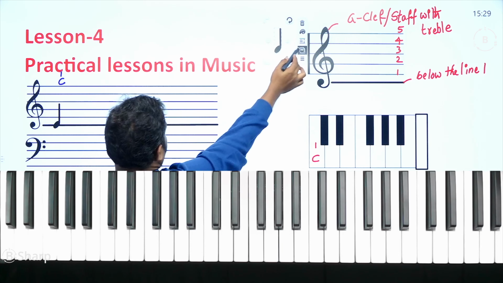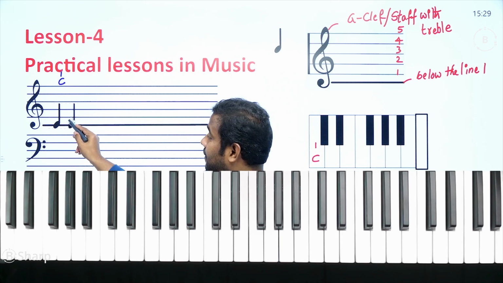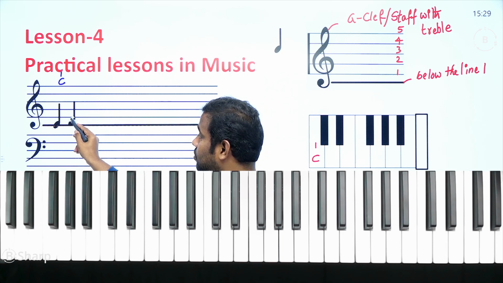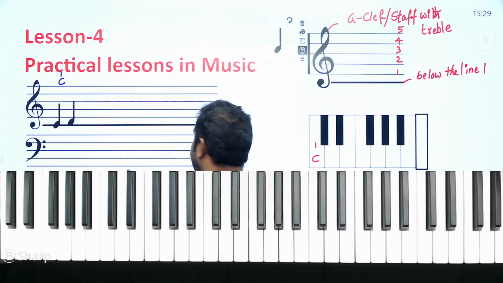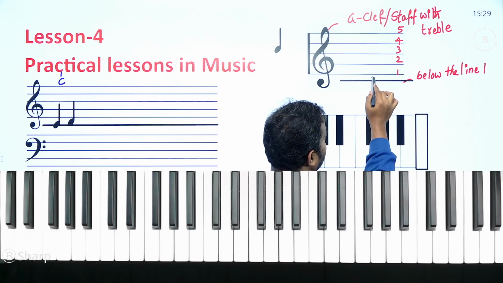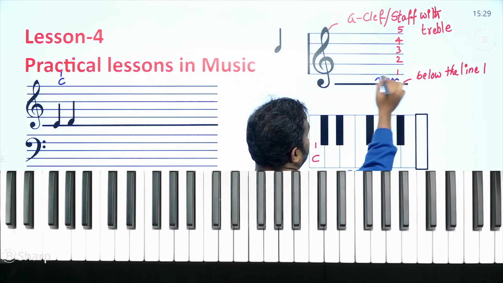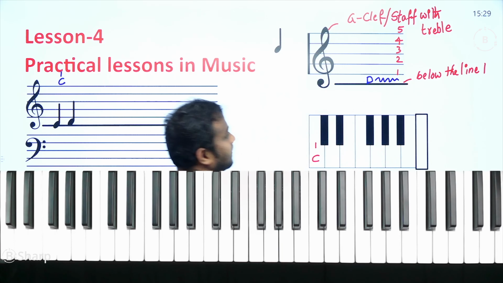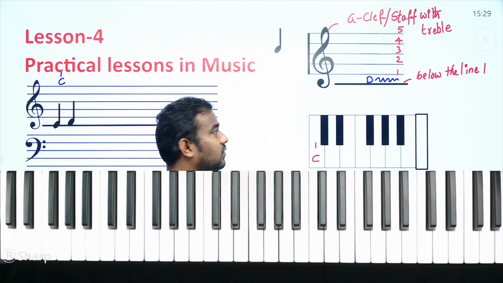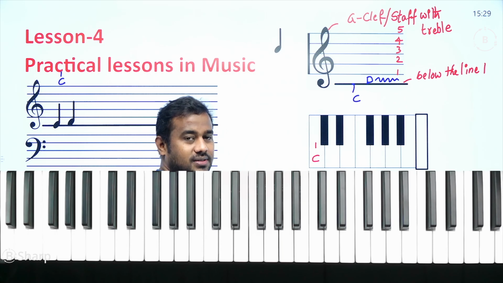And here one more line I am drawing. So there is a space between these two lines, right? So line 1 and below line 1, there is a space. So in this space, this is the note D. This space is for the note D. Okay, and this line represents C.